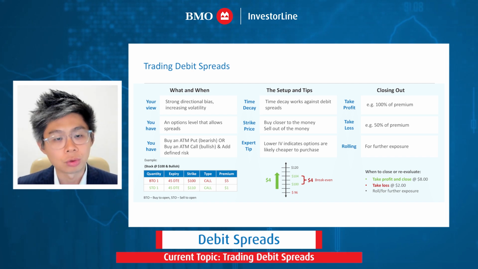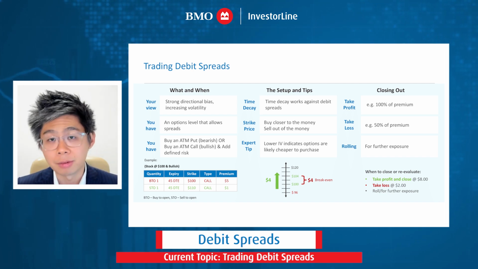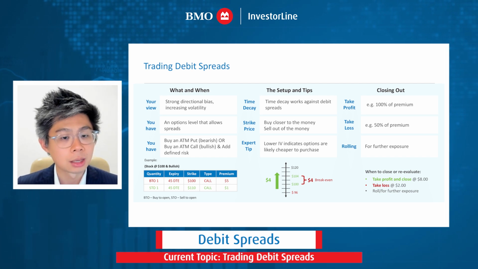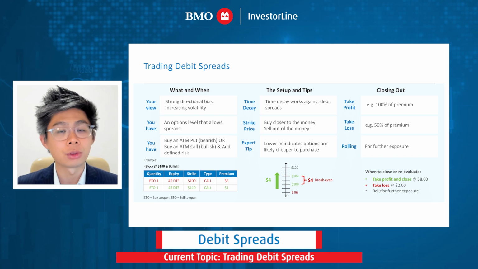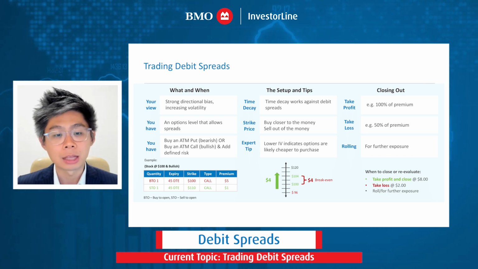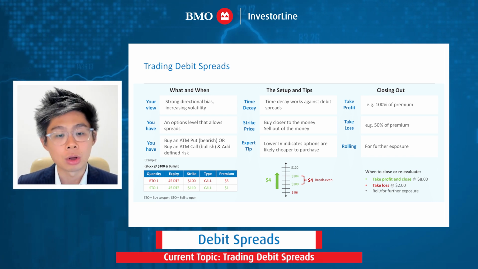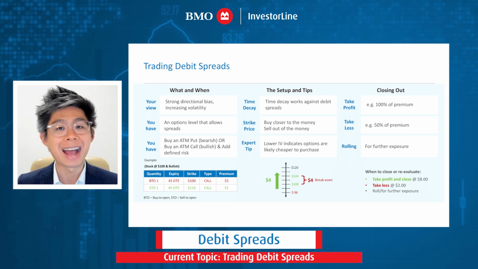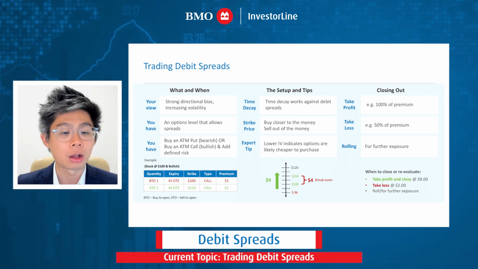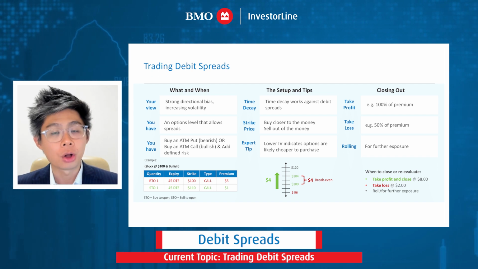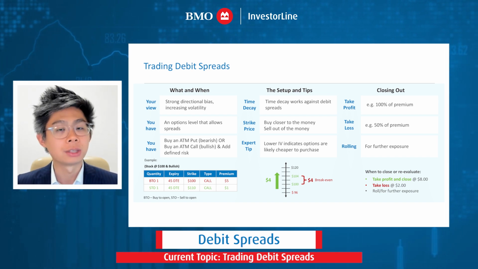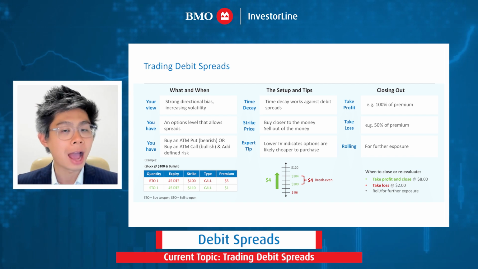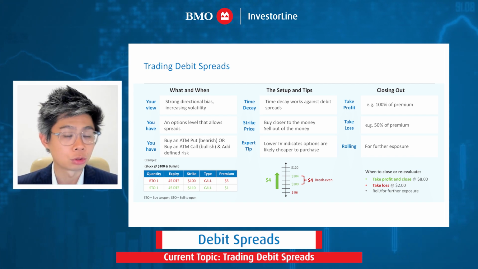When you have a strong directional bias, implied volatility is low, you think implied volatility can potentially expand, and you have an options level that allows you to trade spreads, that's when you can buy an at the money call or a put, depending on whether you're bullish or bearish on the stock, and then add a defined risk, meaning sell a call or a put option against the call or put that you've purchased to offset the overall risk. And at the same time, that offset of risk will cap the potential rewards of both of those strategies.